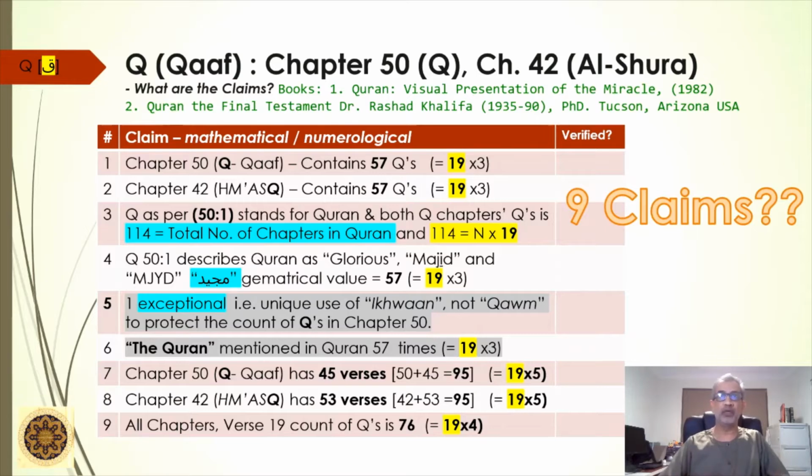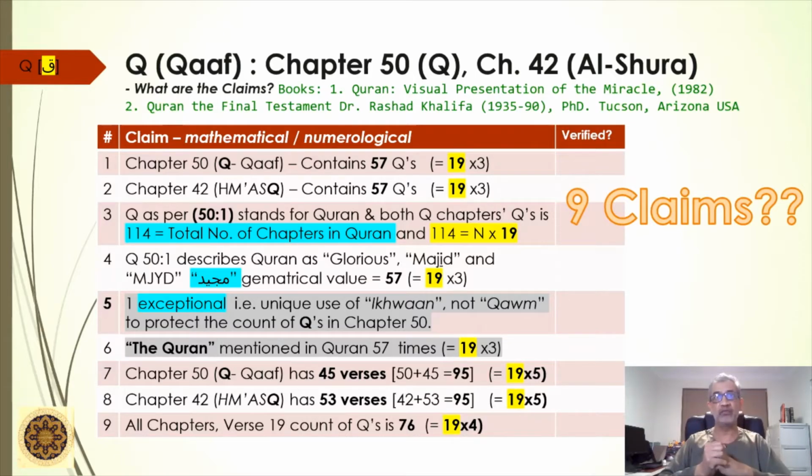The people of Lot are constantly referred to as Qawm, which has a heavy Qa'f in it. Whereas the one unique occurrence in chapter 50 doesn't use the heavy Qa'f word, and that's to do with holding the integrity of this number 19 principle. We'll get to it, and that's one of the claims made.